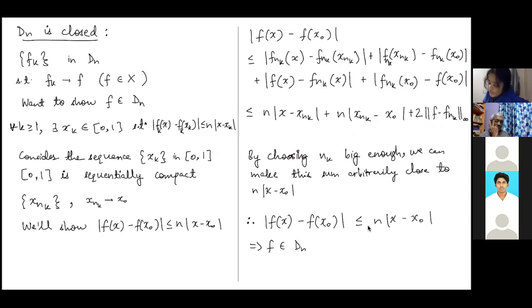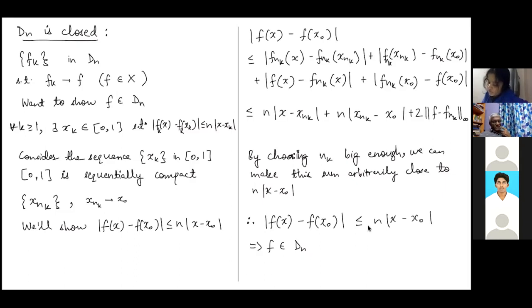And this will be getting closer to x0, so this quantity will be getting close to |x - x0|. So all that is to say that by choosing nk big enough, we can make this entire sum as close to n times |x - x0| as we want.